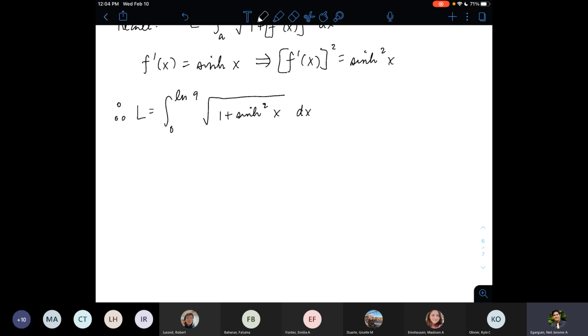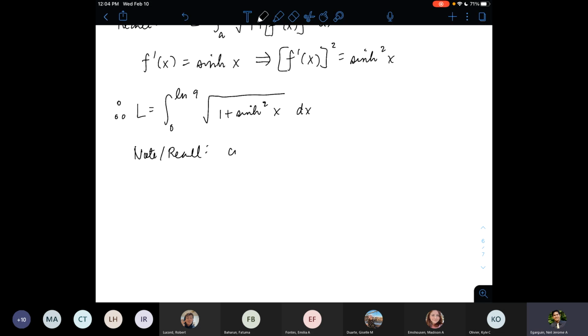Unfortunately, this integral is not that simple because you cannot use u substitution to evaluate it right away. So you need to recall some identities from Cal 1. Recall that hyperbolic cosine squared x minus hyperbolic sine squared x is equal to 1.